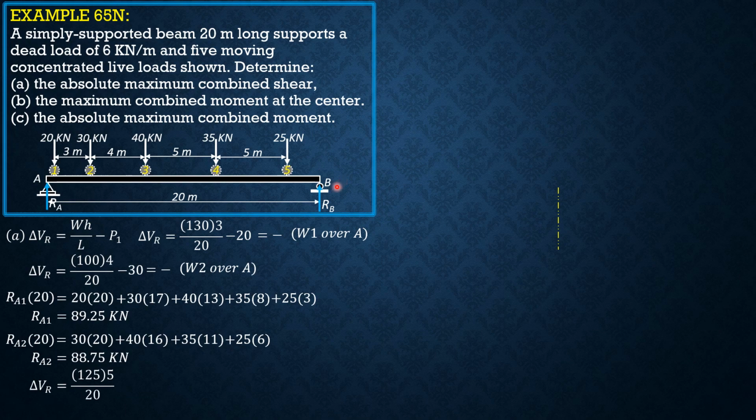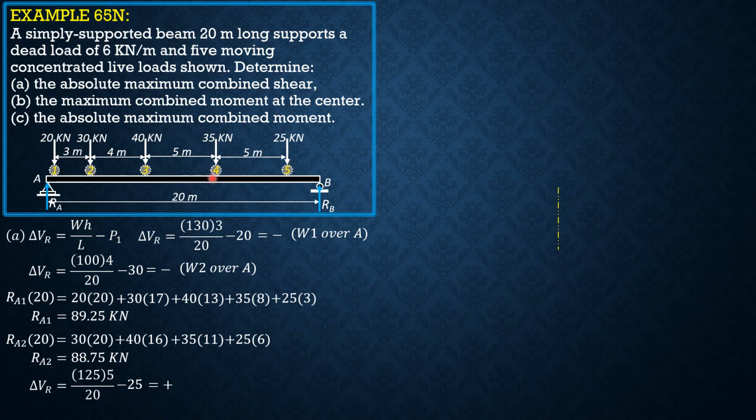So delta VR is, if load 4 is over B, then this is our P1, H is 5, and W would be 35 plus 40, 75 plus 50, 125 times 5 over 20 minus 25 when load 4 is over B, and the sign is positive.